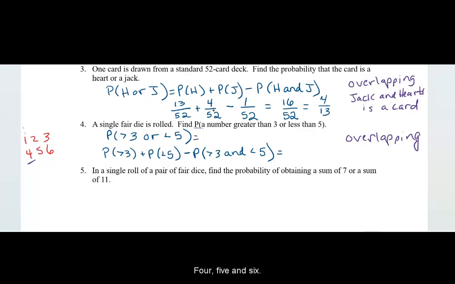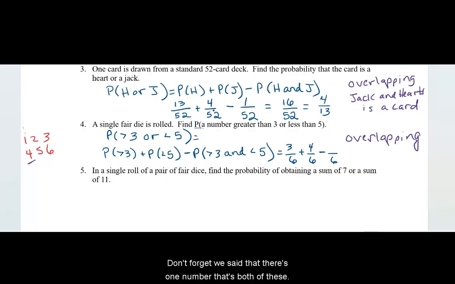Look back over here, 4, 5, and 6. 3 out of 6. How many numbers are less than 5? Well, looking over here, that would be 1, 2, 3, and 4, right? So 4 numbers out of 6 minus, don't forget, we said that there's one number that's both of these. It's greater than 3 and less than 5, one number.